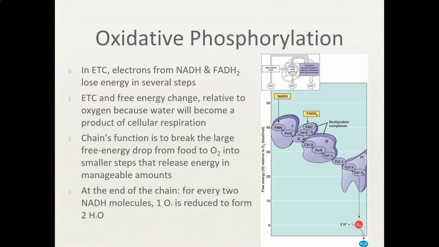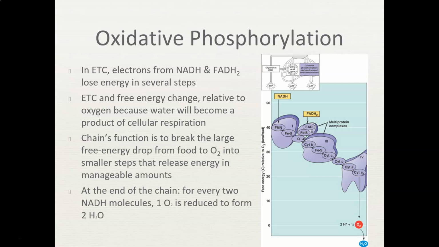Otherwise, we'd release way too much energy at once, and your body would spontaneously combust as a result. The amount of heat and energy coming out of that wouldn't be something your body could handle. So this chain allows us to do it in smaller steps, to release that energy in manageable amounts so that we can actually tap into it and use it.